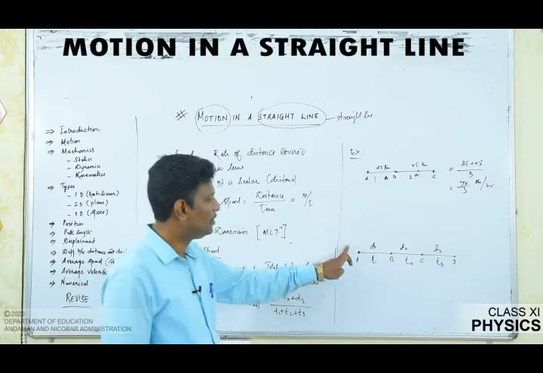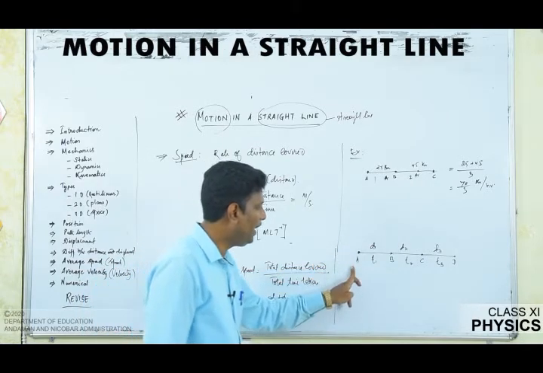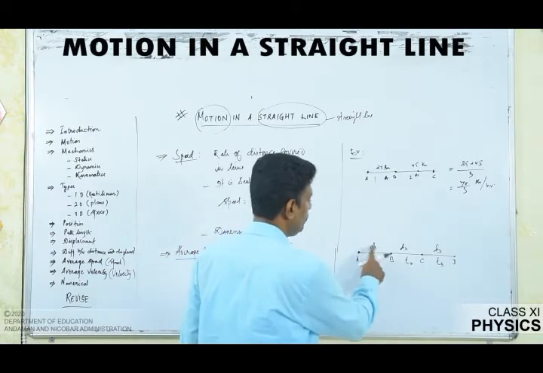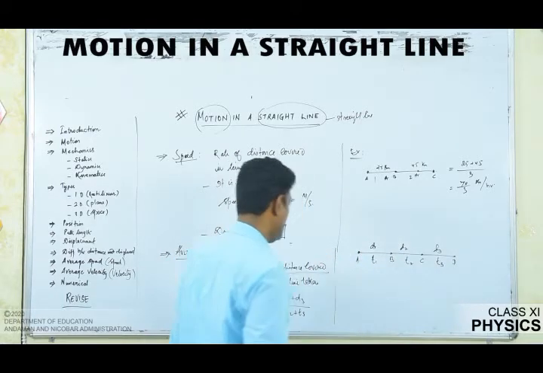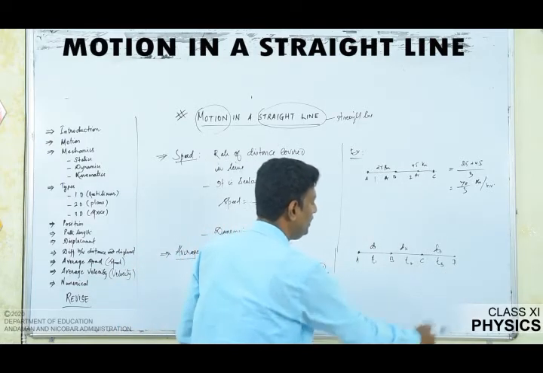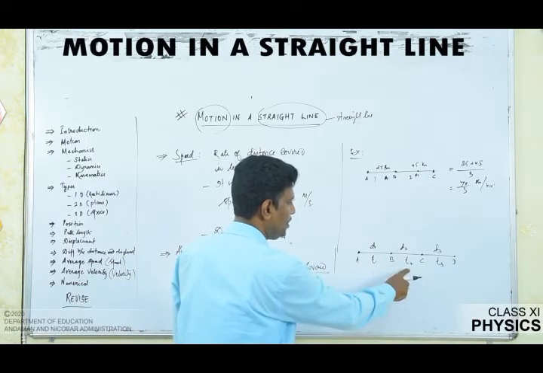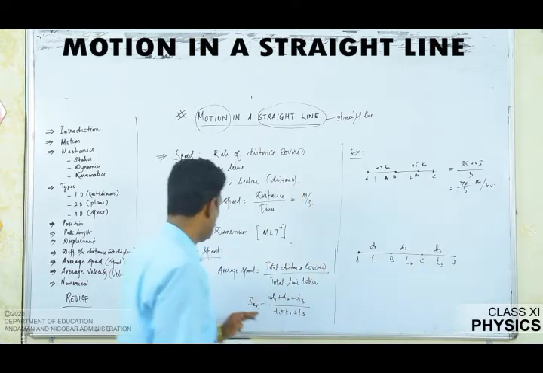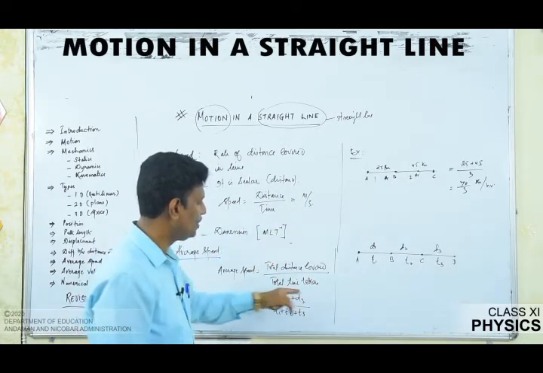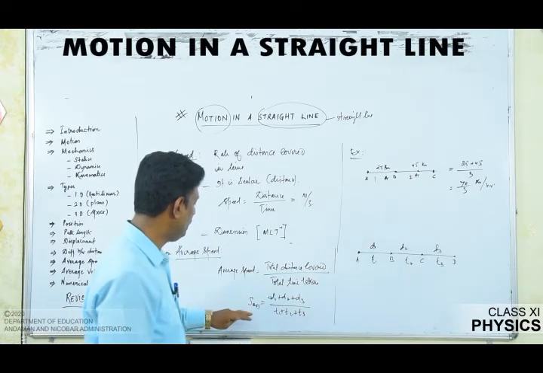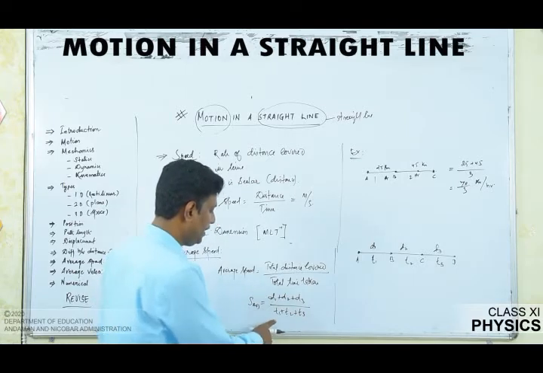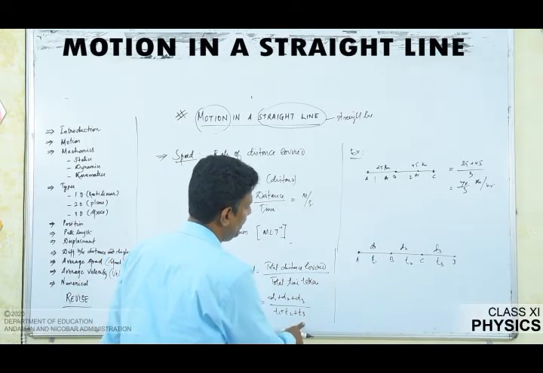So, what will be the total distance covered from A to D? The total distance covered is D1 plus D2 plus D3, and the total time taken to cover the distance A to D is T1 plus T2 plus T3. So, what is the formula? Total distance by total time taken. So, average speed is equal to D1 plus D2 plus D3 by T1 plus T2 plus T3.